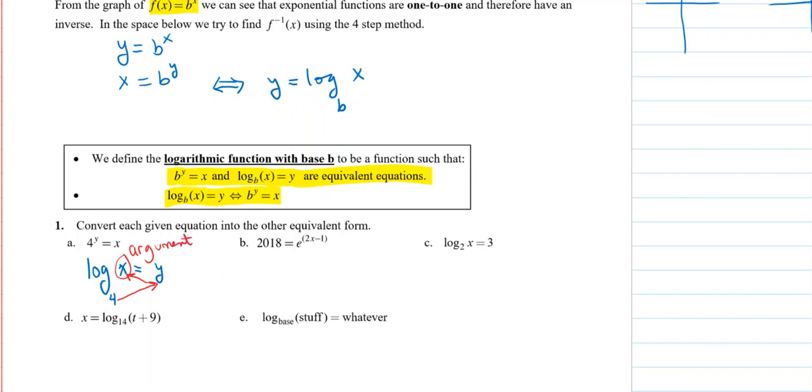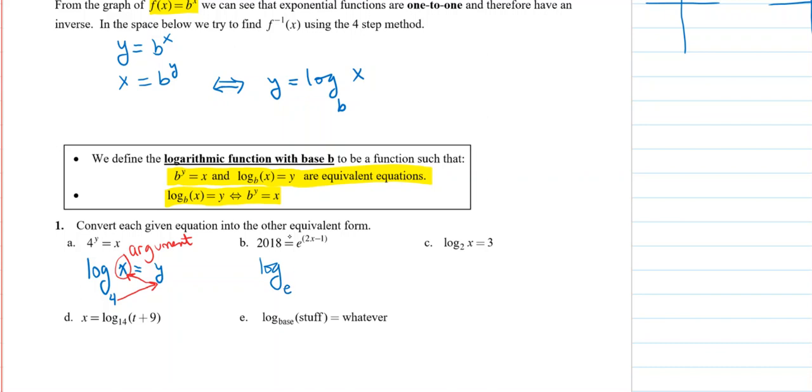So in this next one, we have another exponential function again. It says 2018 equals e to the 2x minus 1. To translate that into logarithmic form, you write log, and then always the base goes at the tail of the g. Write it down here, don't write it next to it. The base is e.